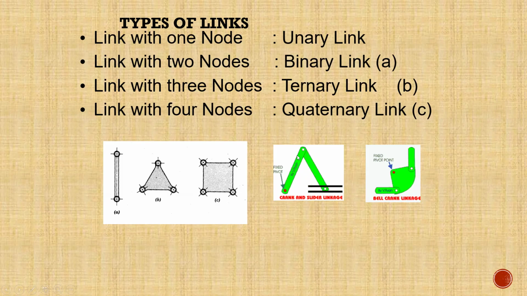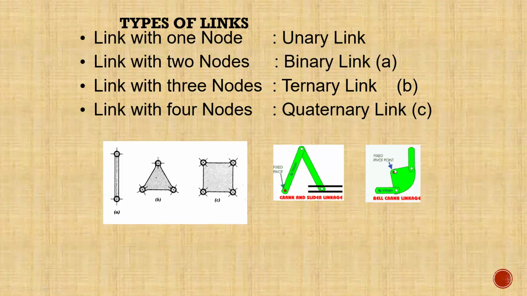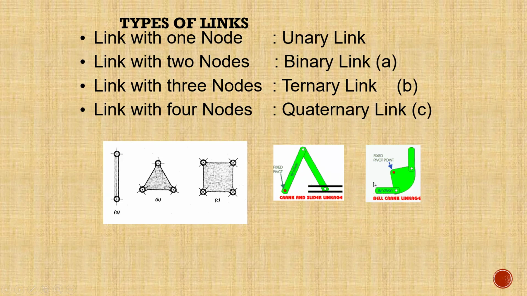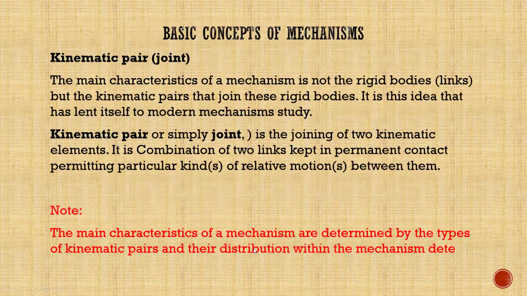We have links that are connecting this slider, right? The crank is moving and then the slider is also sliding. We're going to look at the degrees of freedom that describe this kind of mechanism, and where we apply such things. When you look at the bell crank linkage, you can see that it is fixed at one point, and then these links keep on describing certain motions, right? So these are some of the things we need to learn.